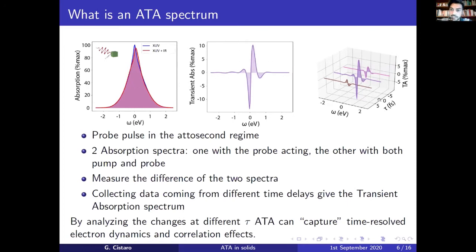And by taking several transient absorption spectra, changing the time delay, we get the final spectrum in two dimensions. And so we expect that at different delays, we will really capture the electron dynamics.